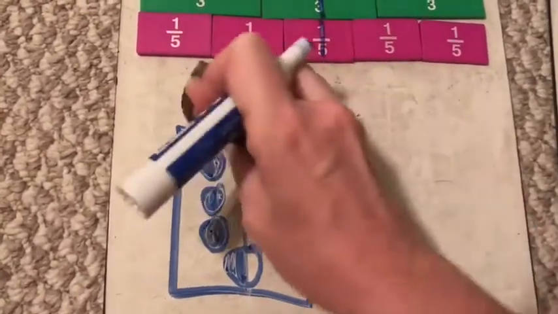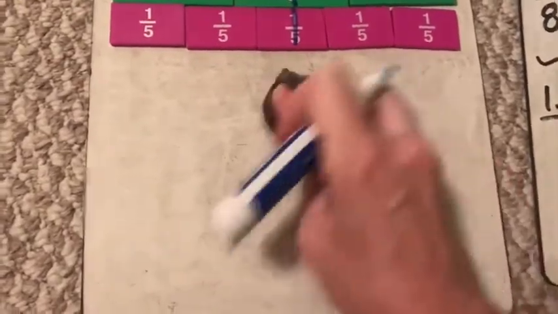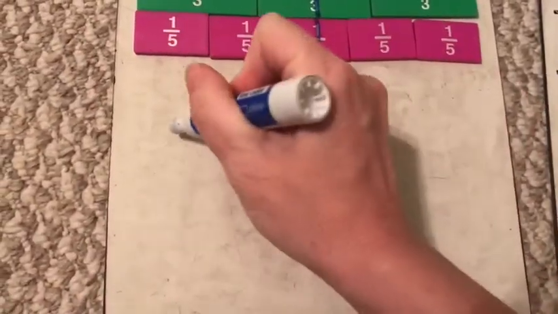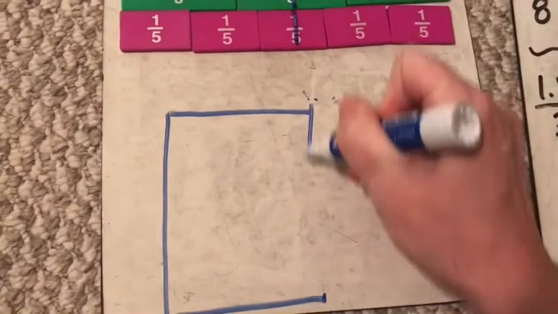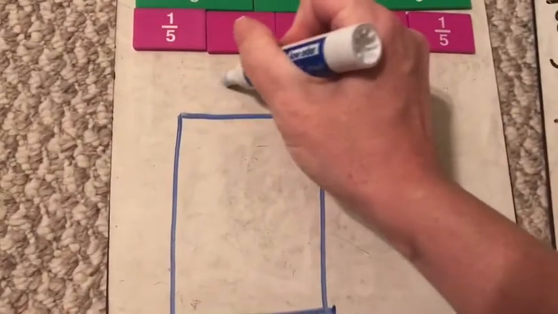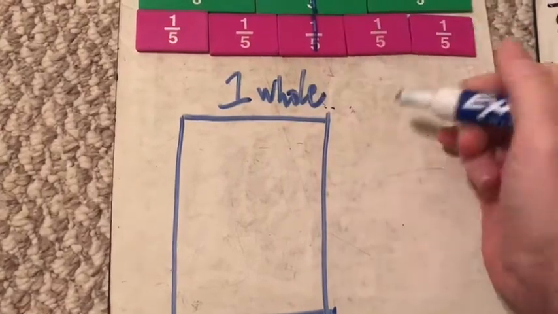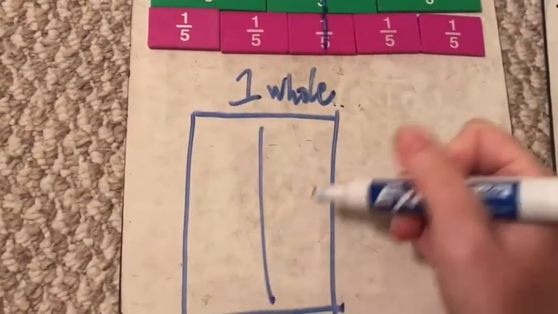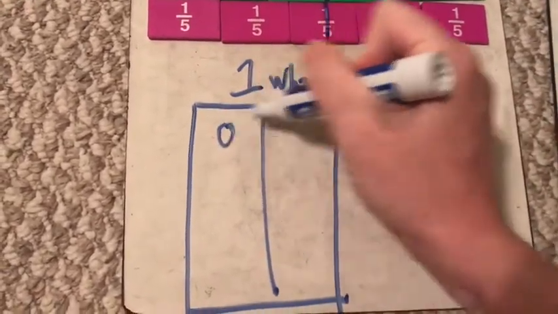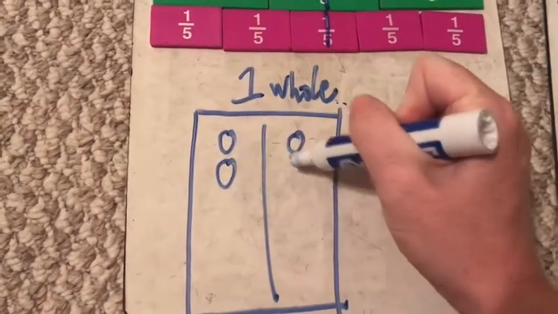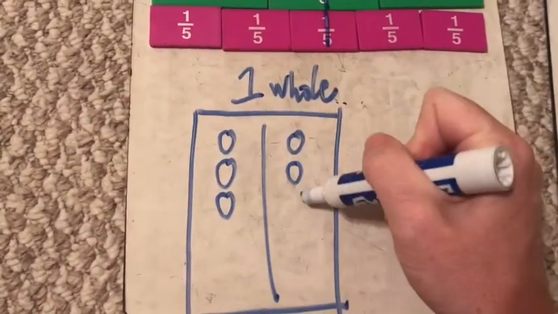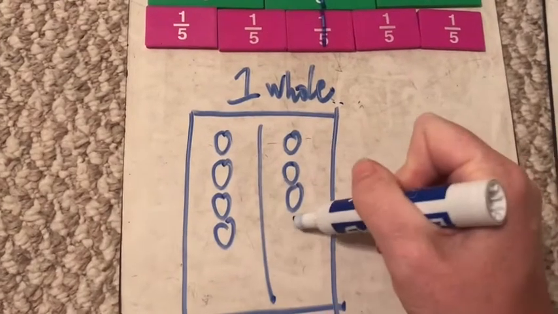Let's try it with 9ths. Let me do my whole set again. 1 whole set. But if I'm doing 9ths, I need 9 parts. I'm going to try to split 9 in half. 1, 2, 3, 4, 5, 6, 7, 8.